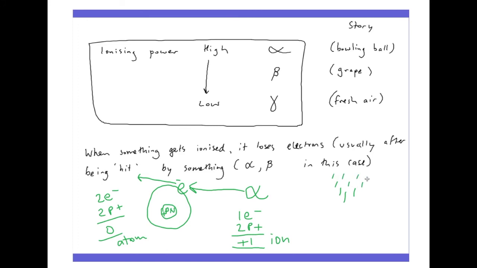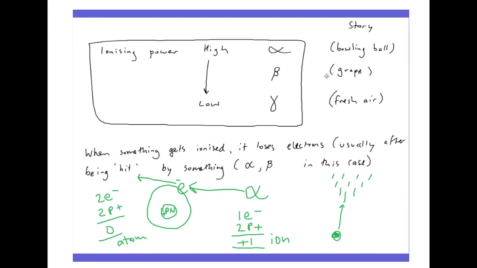Alpha is dead big and heavy, like a great big bowling ball. If I chuck that bowling ball down, smack, it's going to knock all those pins down. However many pins it knocks down, that's how good it is at ionizing and knocking electrons off an atom.